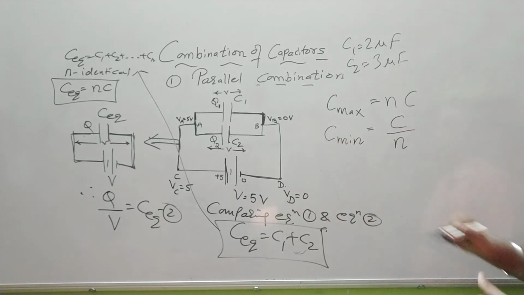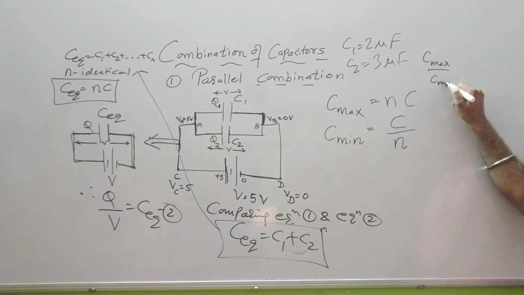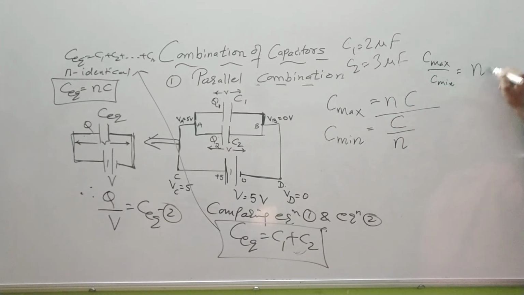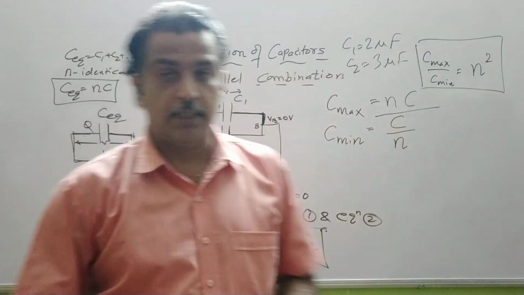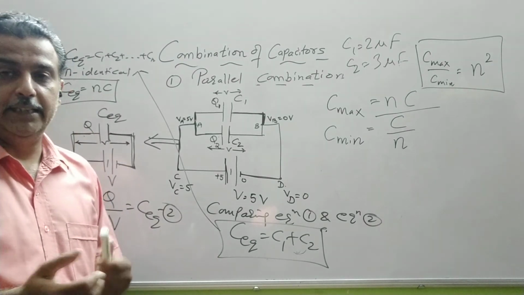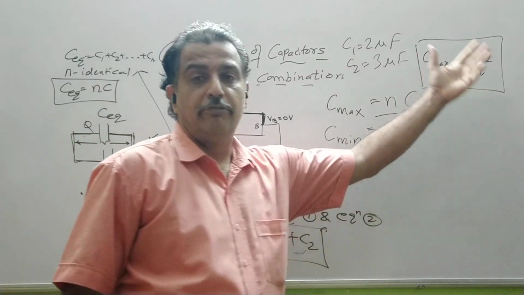So if we want to find out the ratio of C max upon C minimum, then clearly when you take this ratio, it becomes n square. So if you have 2 capacitors of 2 microfarad, then the ratio of maximum to minimum becomes 4.